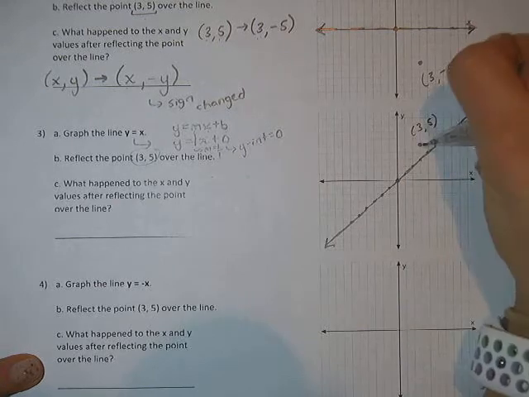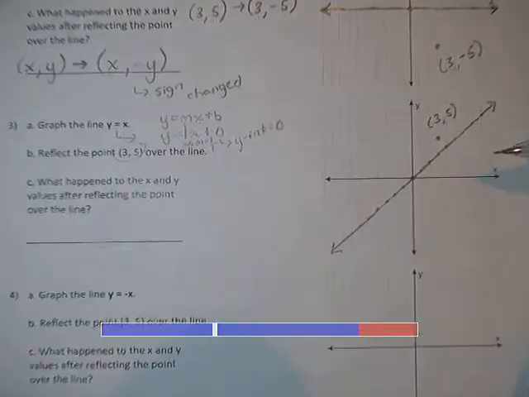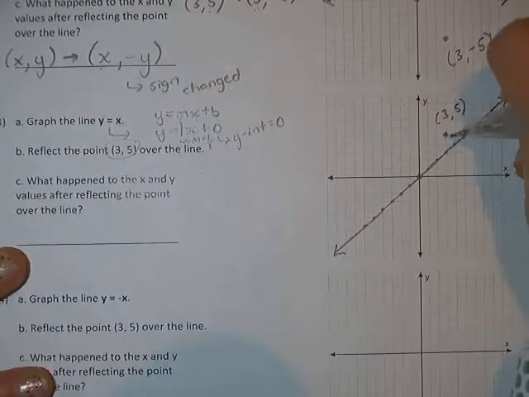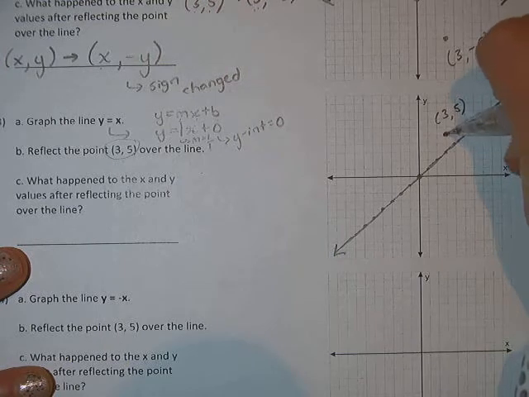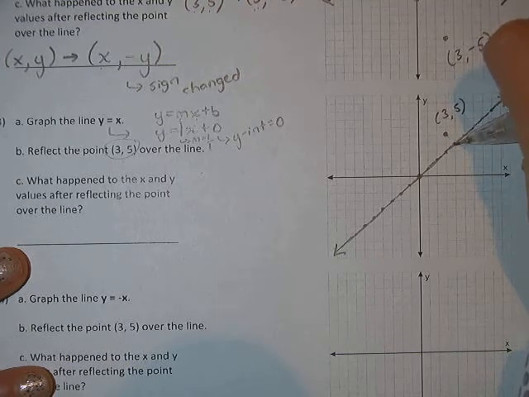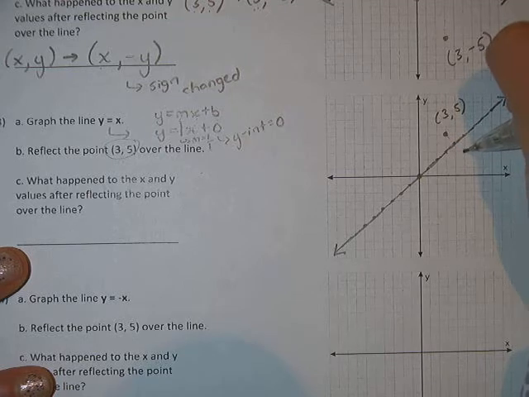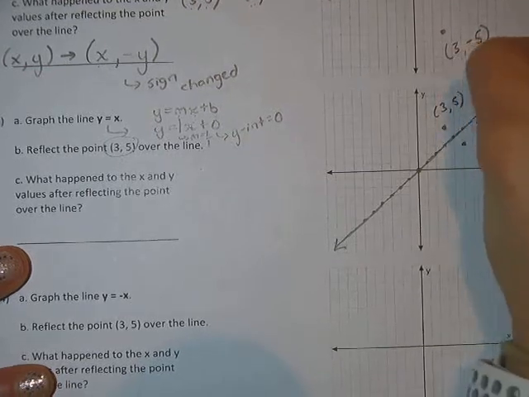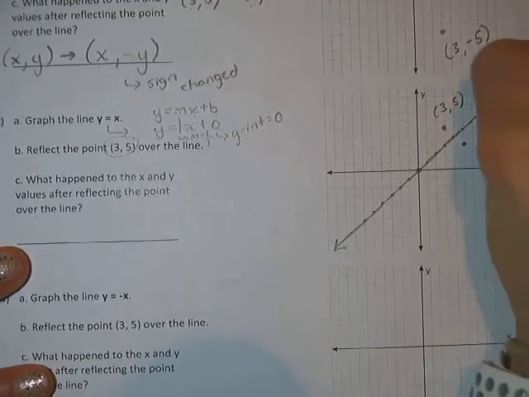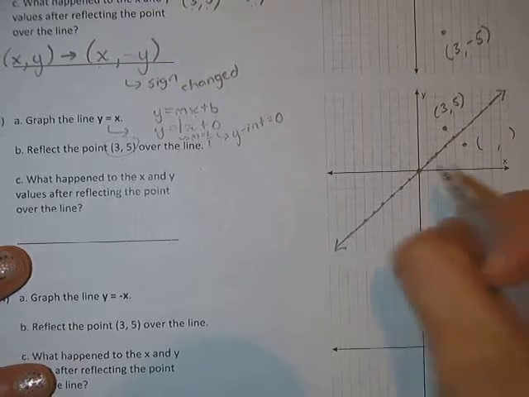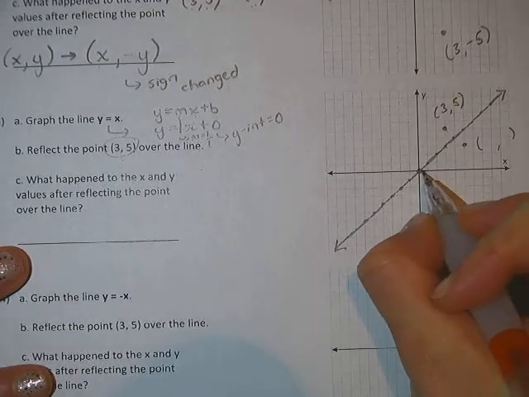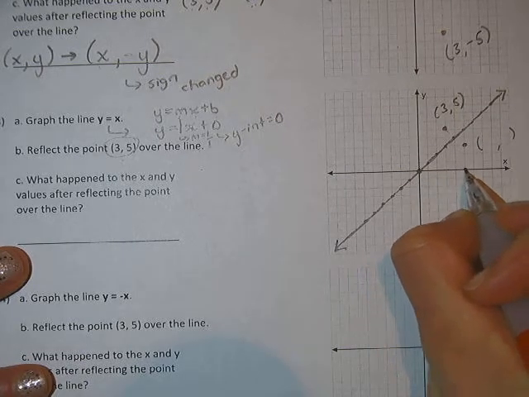But if you look closely, so I'll zoom in a bit, you'll see that this point is one diagonal away, because remember you have to go straight toward the line. So you go one diagonal on the other side. That is where it landed. And now all we have to do is tell the coordinate of that point and look at what happened. It ends up being at (5, 3).